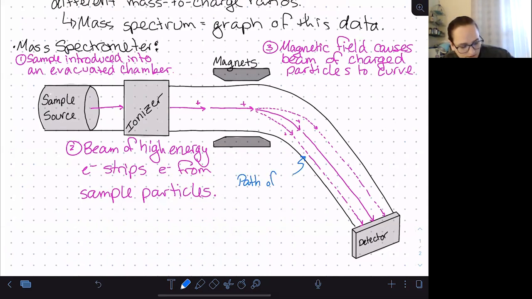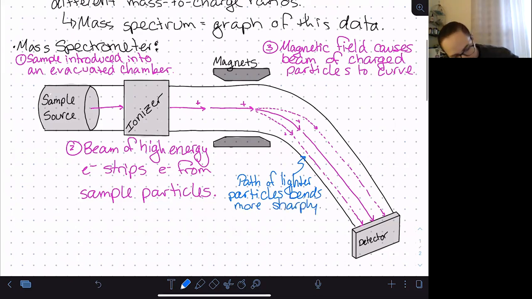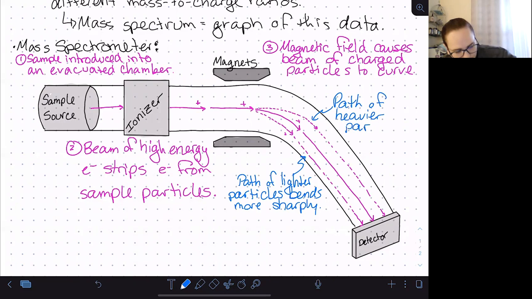So the path of lighter particles bends more sharply. And the path of heavier particles doesn't bend as much, is less affected by the magnetic fields.